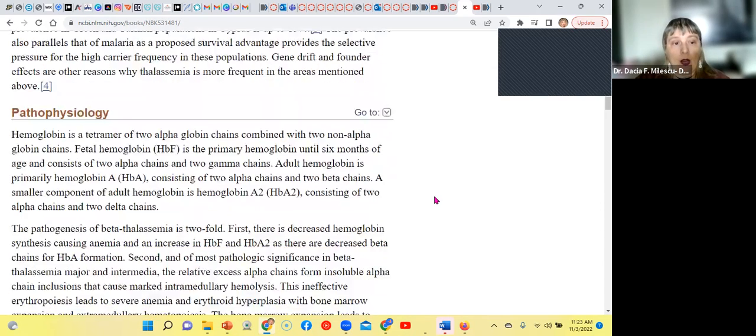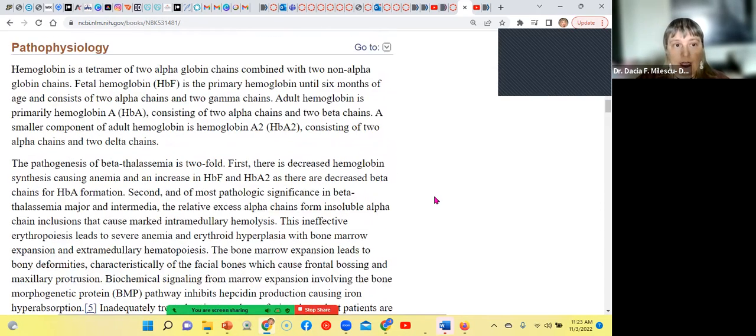All right, now the pathophysiology specifically is that hemoglobin is a tetramer of globin chains. In the adult, you have two alpha chains and two beta chains. And a smaller component of the adult is hemoglobin A2, consisting of two alpha and two delta.